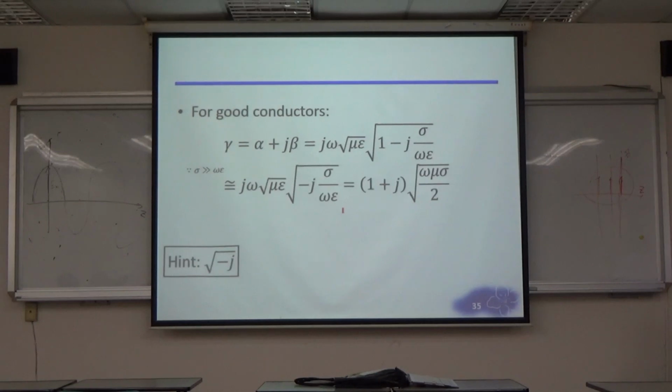So this is e to the j minus pi over 2, raised to the power 1 over 2, which gives minus pi over 4. And then this one is cosine of this one plus j sine of this one. That's why we have 2 terms.